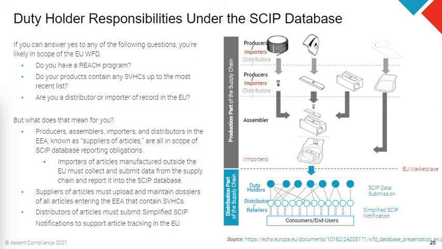If you touch or transform something that is an article containing an SVHC, data has to flow down, and they're expecting importers, producers, and assemblers. Then you're going to have manufacturers, where lots of them buy this based on this, up to the point of distribution, but not where it's a retailer.